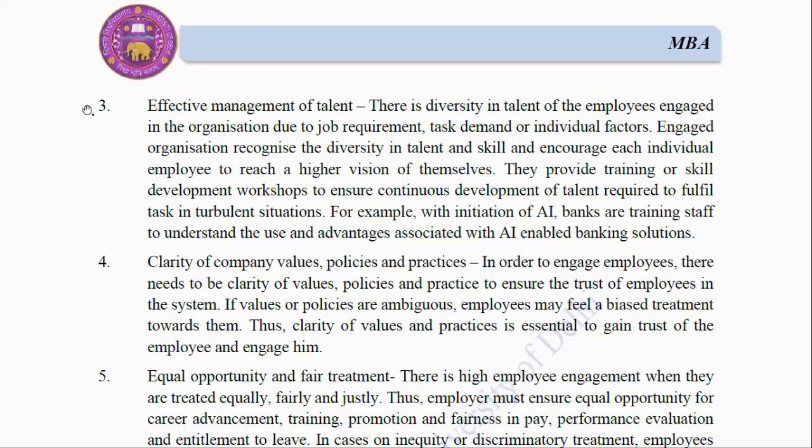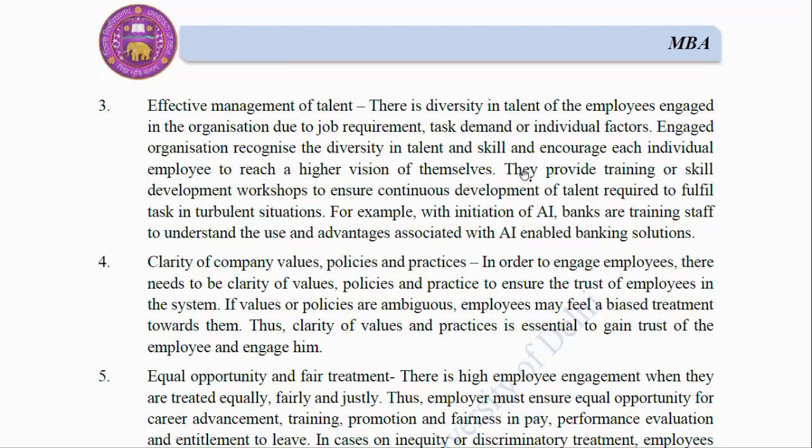Point 3, effective management of talent. There is diversity in talent of the employees engaged in the organization due to job requirement, task demand, or individual factors. Engaged organizations recognize the diversity in talent and skill and encourage each individual employee to reach a higher vision of themselves.